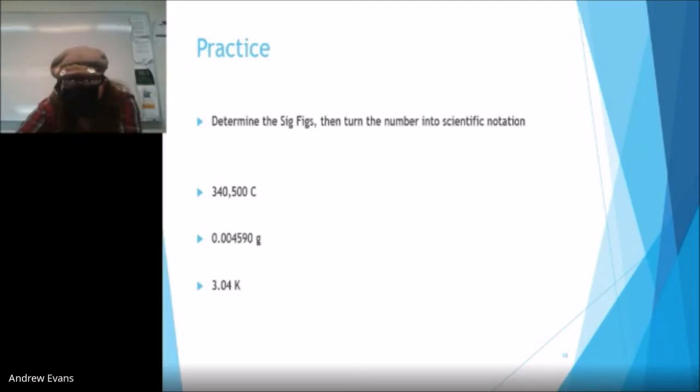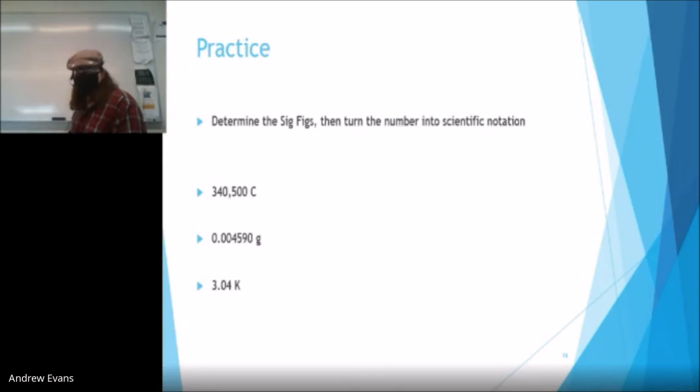Now, looking at this in general, if I'm reporting 340,500 C, what is that in terms of sig figs? How would we report that in standard notation, and how many significant figures would we report? So is there a decimal or no decimal in that number? No decimal.